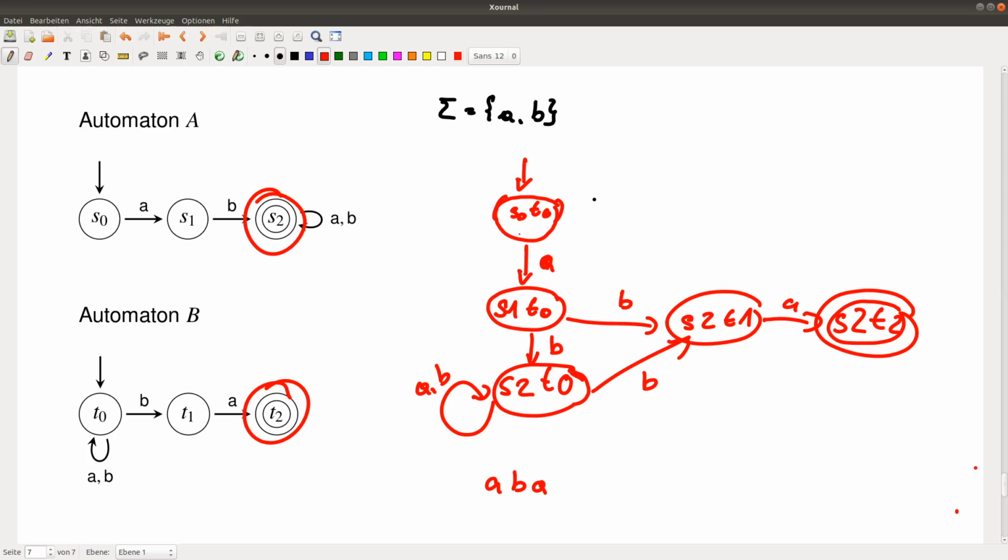Because of this path from S0 T0 to S2 T2 we have AB, and also if we go to S2 T1 we have AB, and in all paths to the final state we have a BA as well. So indeed we have the intersection. We have those words which start with AB and end with BA, now covered by the product automaton. Okay, this was the first example I will show you.